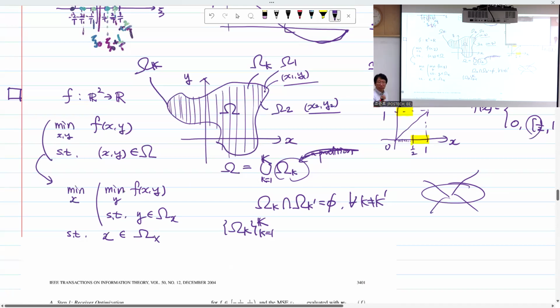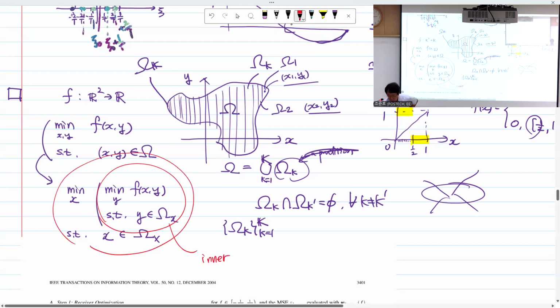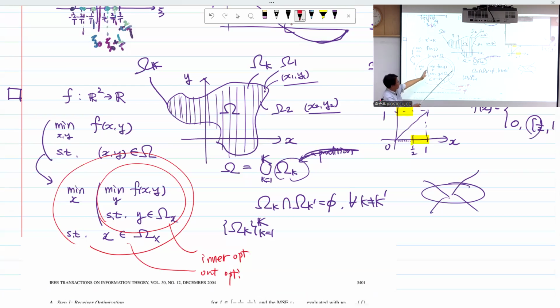Got it? So here, this is the so-called inner optimization. And this is called the outer optimization problem. It's inside the entire problem. Got it? This is inner optimization, and this is outer optimization.